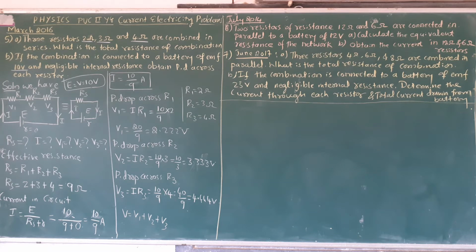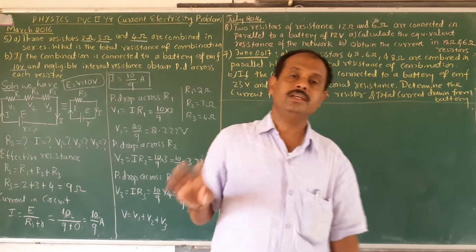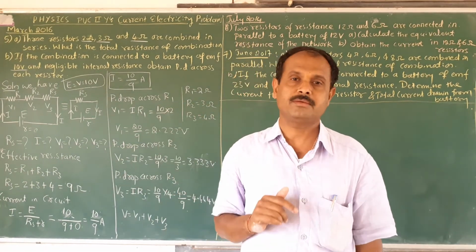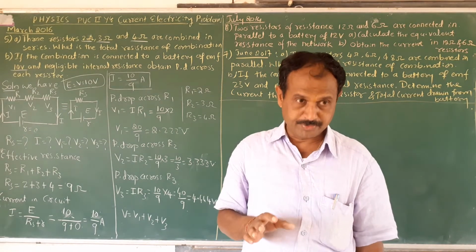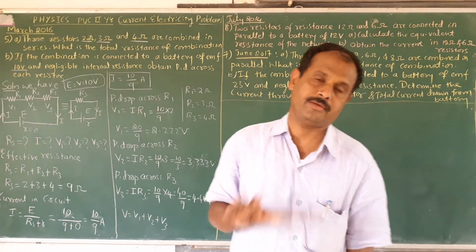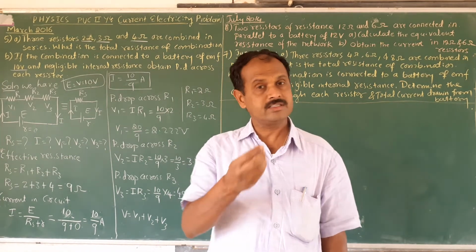There are two important points about the parallel combination of resistors. The first point is that the potential difference across each resistor is the same. There, the current was the same; here, the potential difference is the same. The second point is that the current flowing through individual resistors is different.